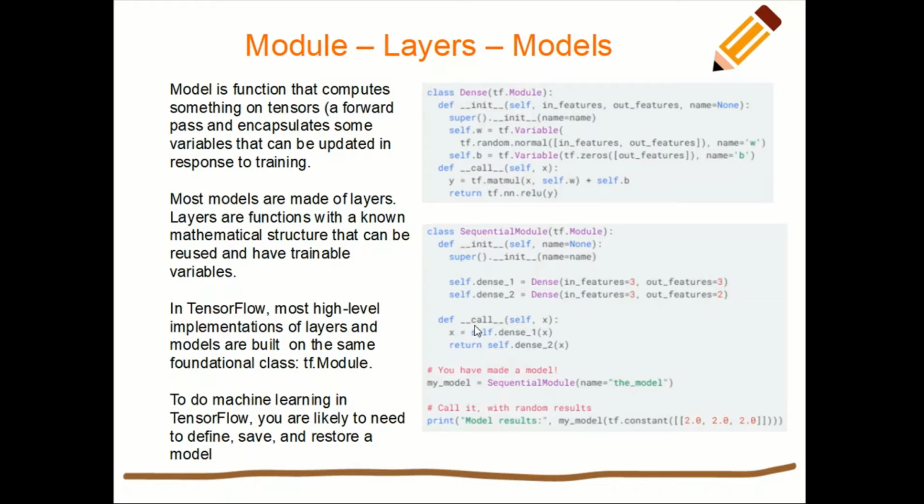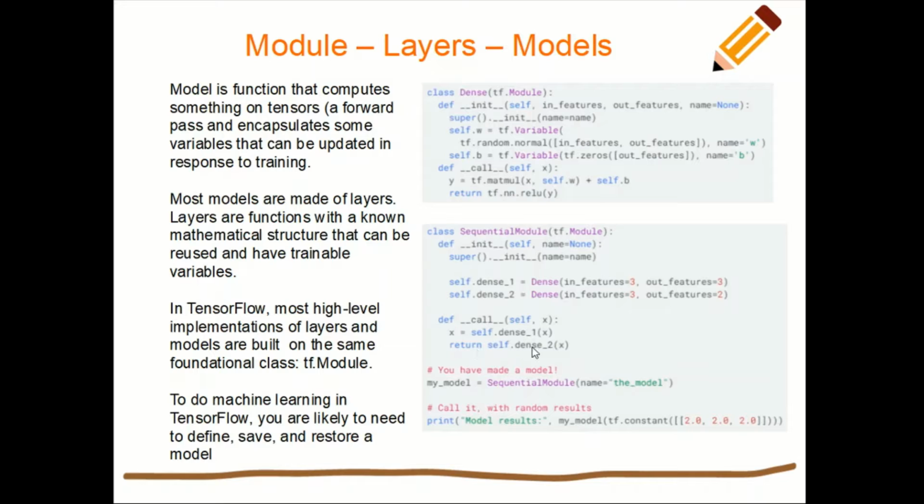And then in the call method, in the layer we had done a matrix multiplication of input and weight and added bias to it. In this particular case, we are instantiating a layer itself. We are instantiating layer 1 here, and we are giving it an input x, and then the output generated by the first layer is fed into the second layer, and that is what is being returned.